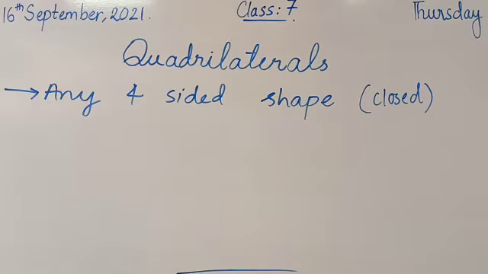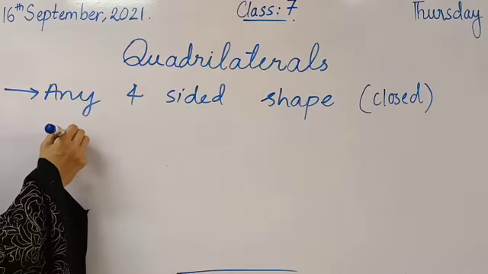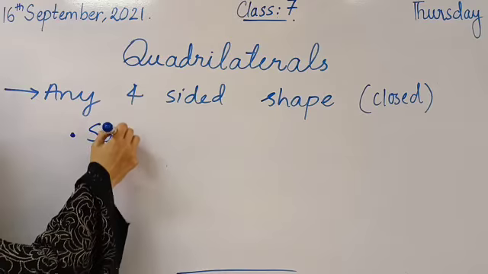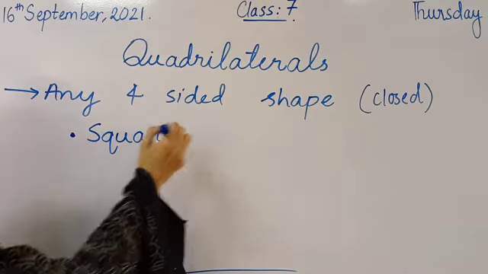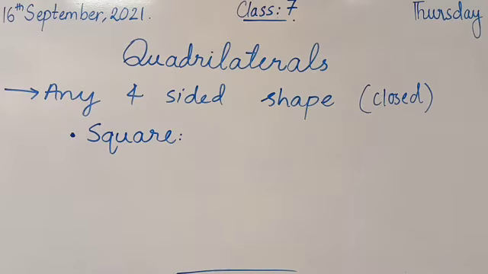The first type we learned was the square. What is a square? You all are familiar with a square from class, playgroup or nursery. Am I right? Yes. So what is a square?